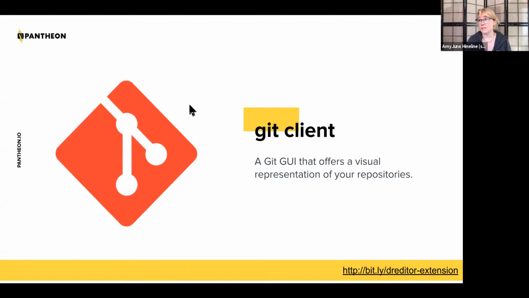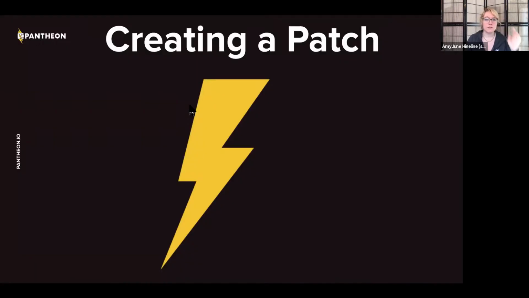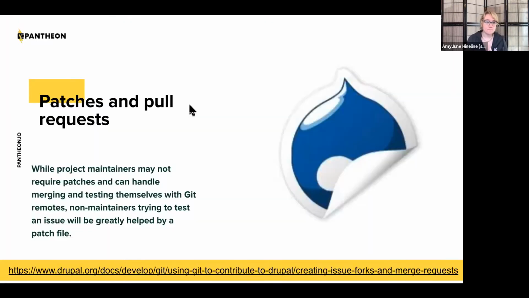I'm not going to be showing this today, but a Git client is basically a graphical user interface that offers a virtual representation of what's going on in your repository and your command line. So if the terminal eludes you, a Git client is a good replacement for that, because it's okay not to work in the terminal.